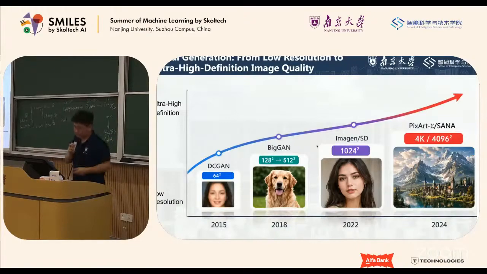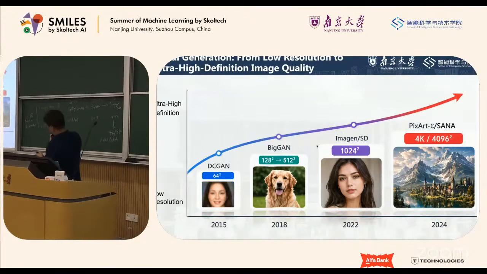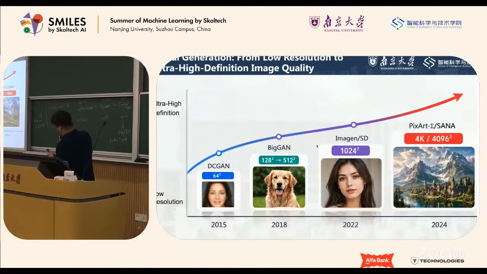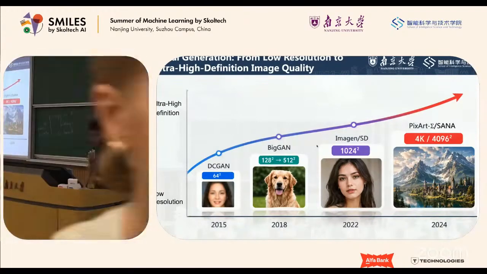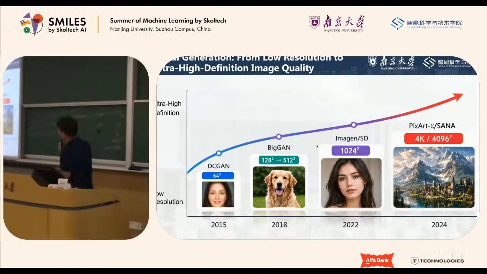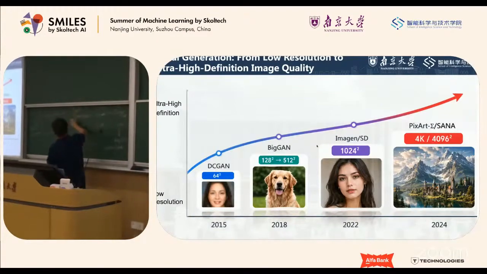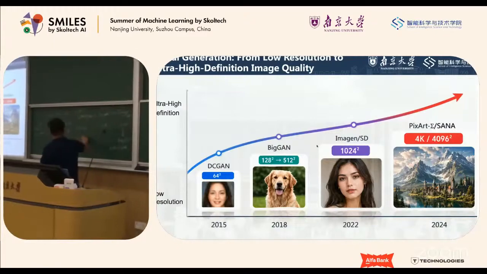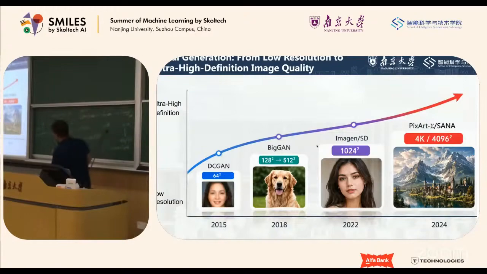So visual generation has gone from low resolution to ultra-high definition image quality, from 64 to 4K or even higher, in 10 years.